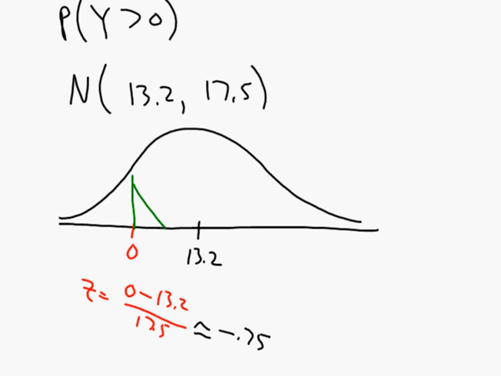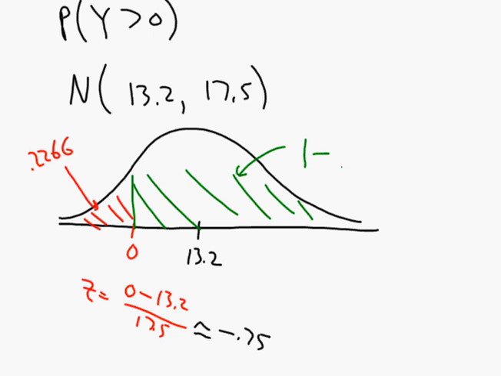So we still want this area, but this z-score is not as far to the left. And when you look it up, negative 0.75 is a z-score. You get an area of 0.2266. So this area in here is 0.2266. So the desired area is 1 minus that.